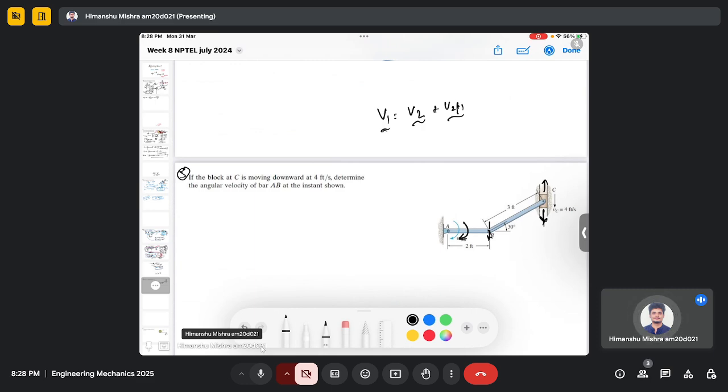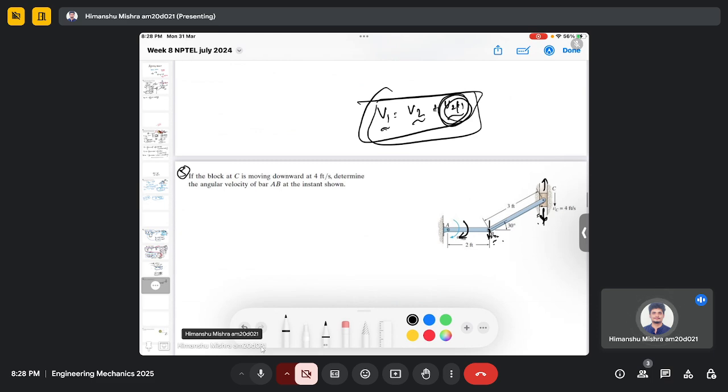So this 1 can be C and 2 can be B. You can use this relation because you still have 2 points, C and B. You define the velocity of point C, and it can be written as the velocity of B plus the relative velocity between B and C. Once you determine VB, we know that V can be written as omega r as a scalar, or in vector form as omega cross r.